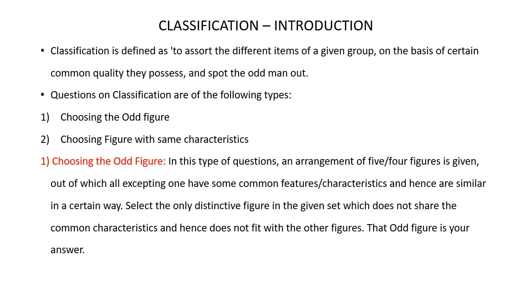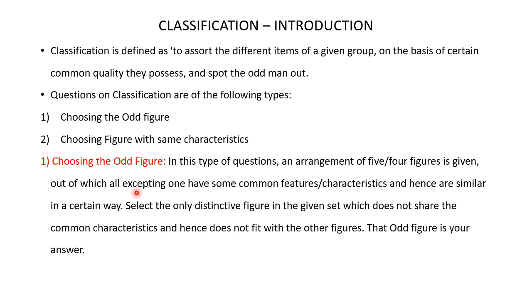Now questions on classification are of two types: choosing the odd figure and choosing figure with same characteristics. So the first type of question is choosing the odd figure. Now in this type of questions, an arrangement of 5 or 4 figures is given.